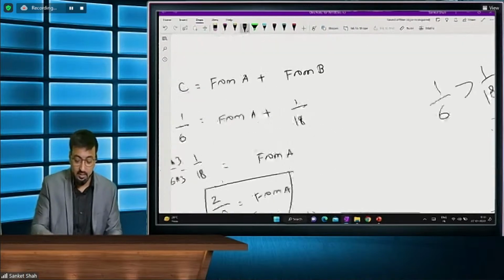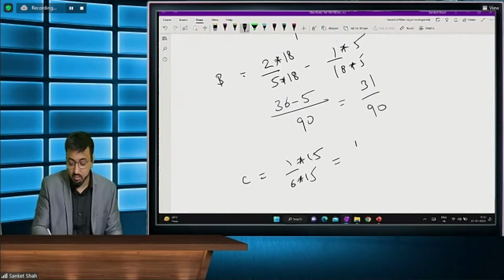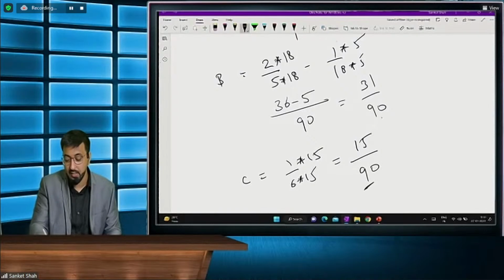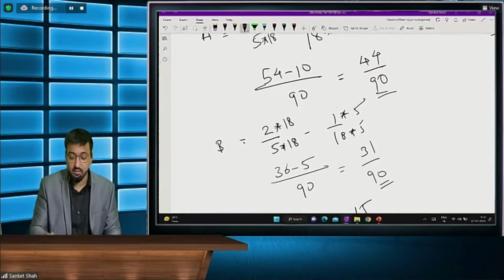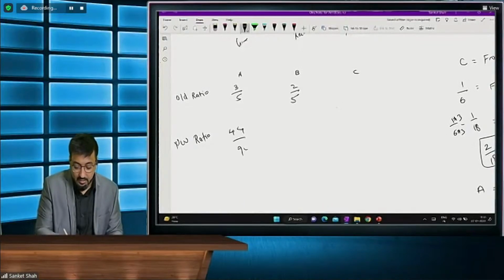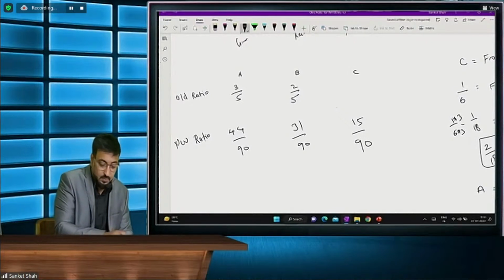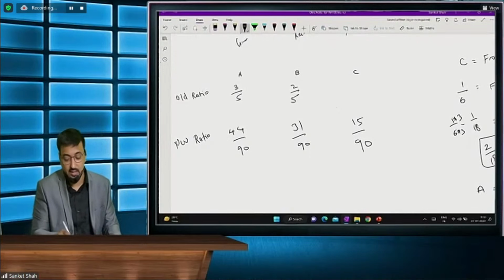And C is 1 by 6 into 15, so we have to make it 90, 90, 90. So 44 by 90, 31 by 90, 15 by 90. Take it on the calculator. 44 plus 31 plus 15, yes, 90.